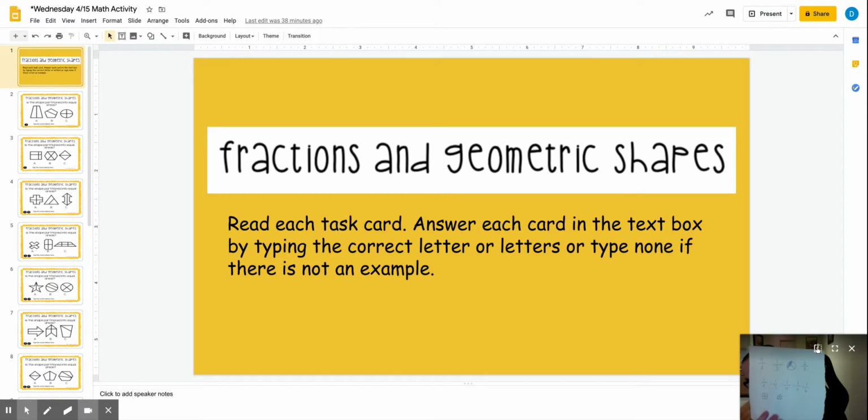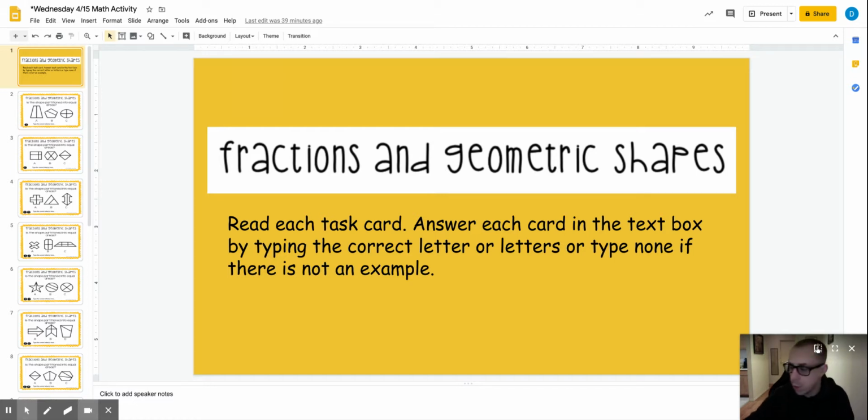So the unit fraction would be 1/5 for this pentagon. Okay, the unit fractions are the basic fractions that we look at. There's always a 1 on the top, so it's very important to remember that.